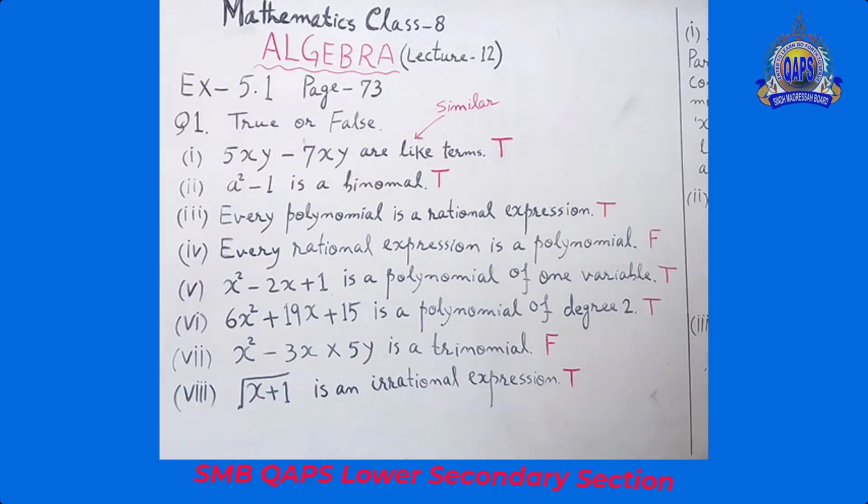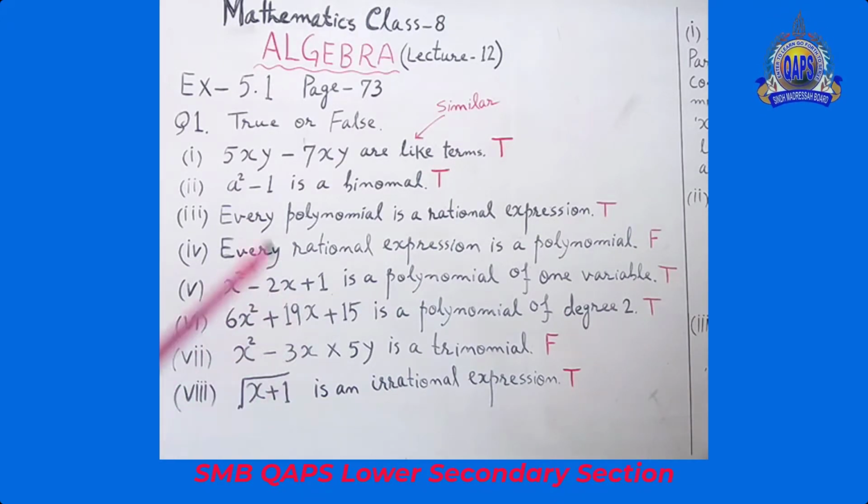Monomial means single term, binomial 2 terms, trinomial 3 terms. Or if you have more than 3 terms, that's called simply polynomial or multinomial.